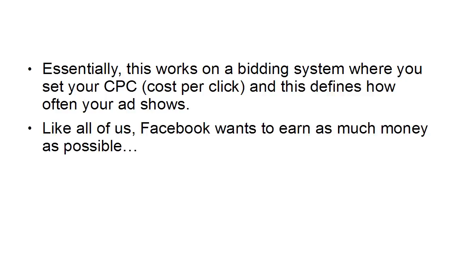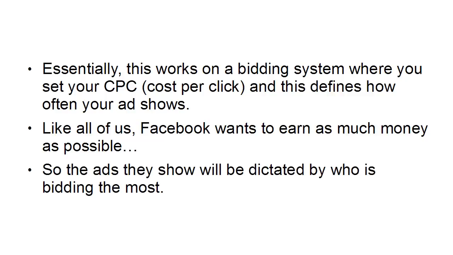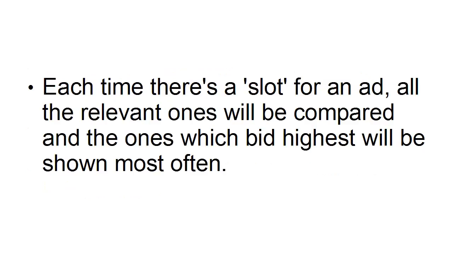Now, like all of us, Facebook wants to earn as much money as possible. So the ads they show will be dictated by who is bidding the most. And each time there's a slot for an ad, all the relevant ones will be compared, and the ones which bid the highest will be shown the most often.